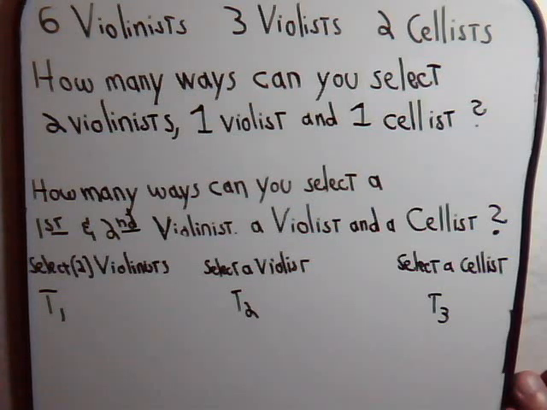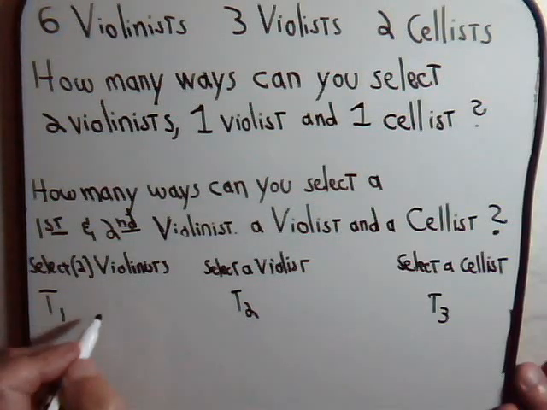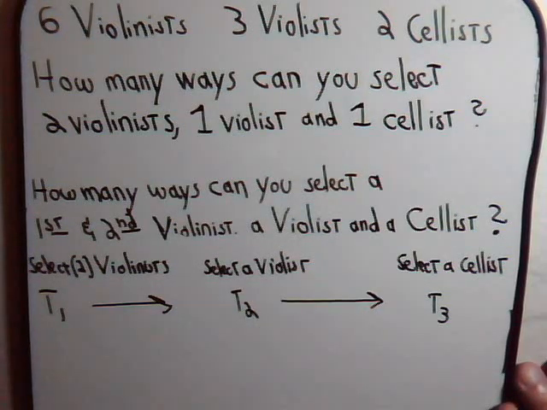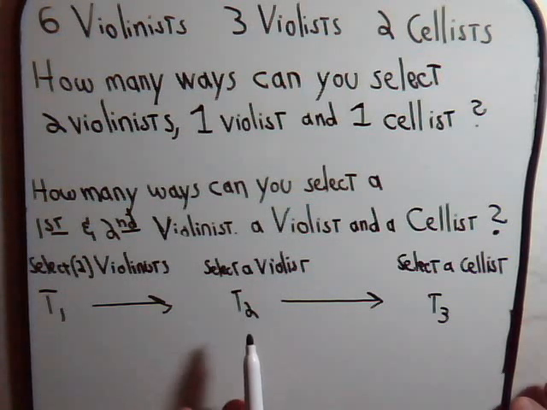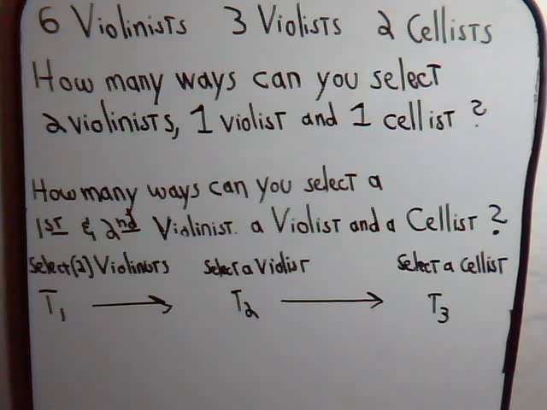Then, in order to have a total of 2 violinists, 1 violist, and 1 cellist, we have to perform task T1, then T2, then T3. And the total number of ways of doing that is the number of ways that we can perform task T1 times the number of ways that we can perform task T2 times the number of ways that we can perform task T3. That's the fundamental counting principle. So here we're selecting 2 violinists, and the order doesn't matter.